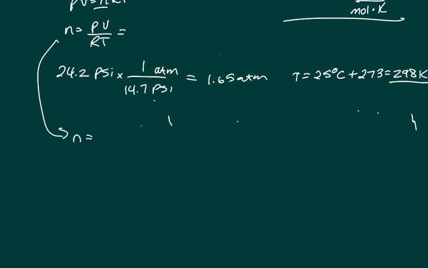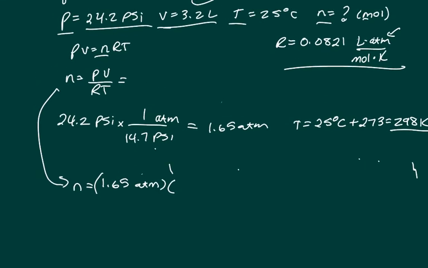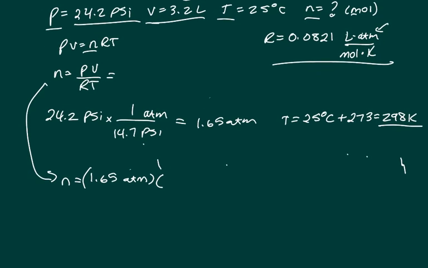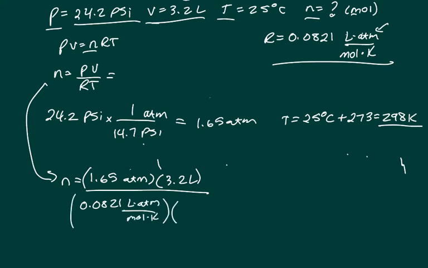So N is P, which is 1.65 ATM, times volume. And what was our volume here? 3.2 liters. Divided by R, which is 0.0821 liter ATM per mole K, and multiplied by our temperature, which is 298 Kelvin.